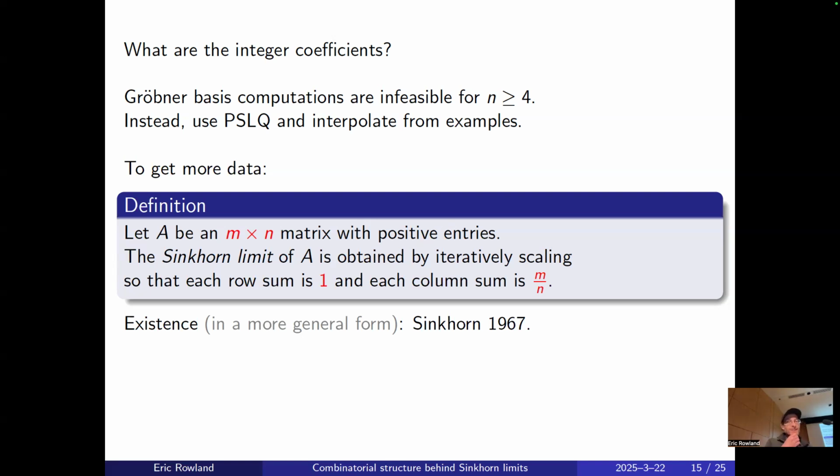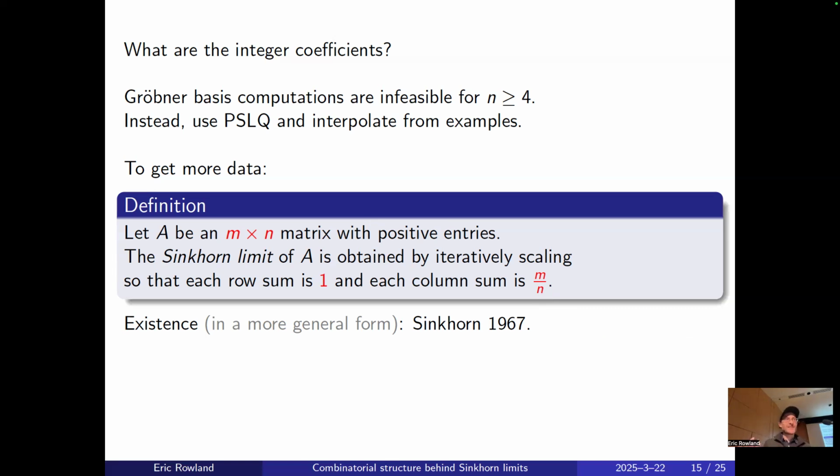So to get more data to try to figure out a formula for these integer coefficients in general, we generalized to rectangular matrices. So for an m by n matrix with positive entries, we define its Sinkhorn limit to be the matrix obtained by iteratively scaling so that the rows have sum 1 and the column sums are m over n. In the case of a square matrix, m equals n, and this gives you back your old definition.